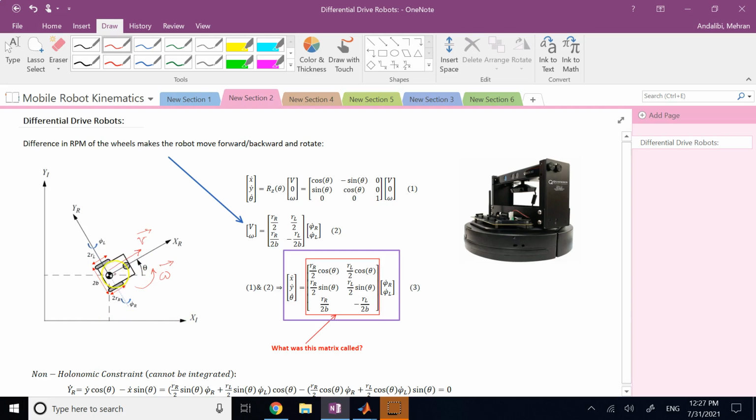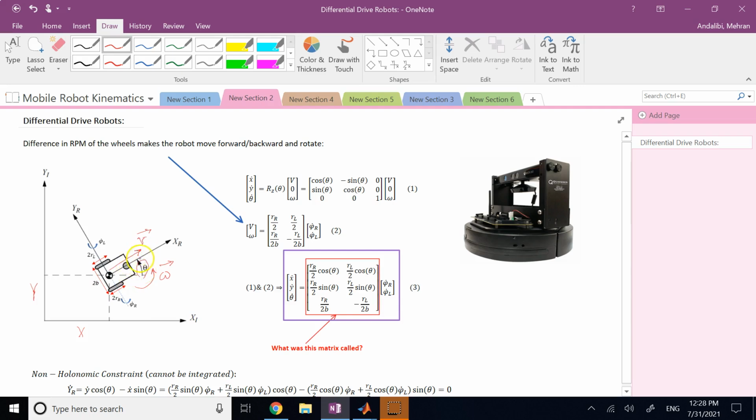So x and y are the coordinates of the centroid of the robot in the inertial frame, and theta is the angle between the body attached xr and the inertial xi, measured positive counterclockwise.